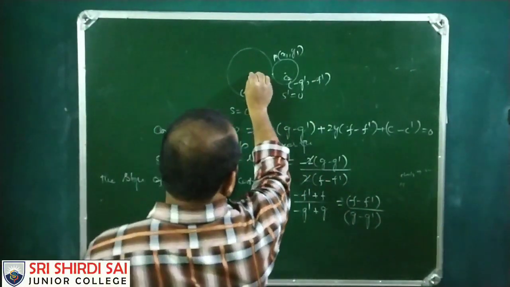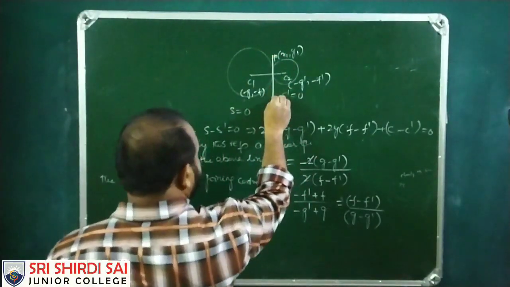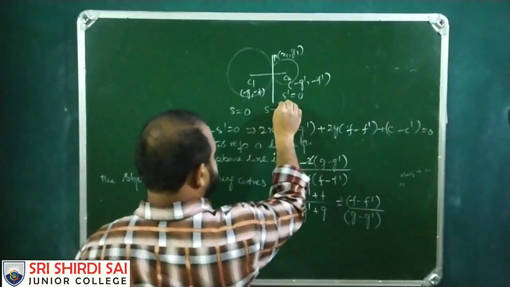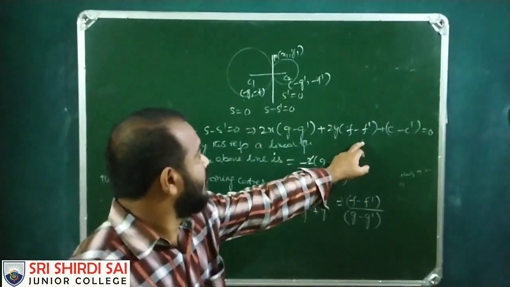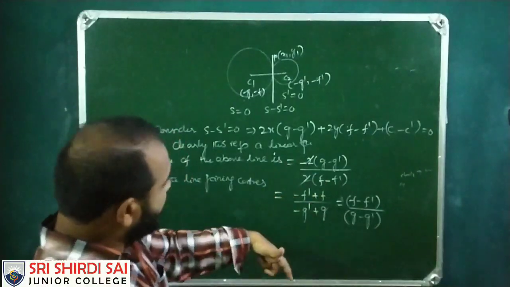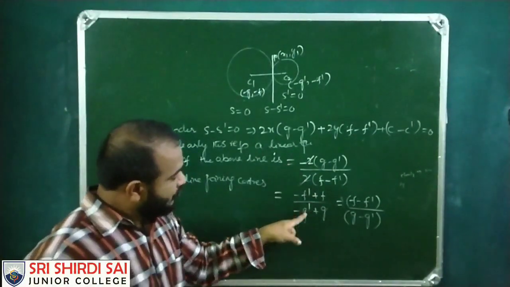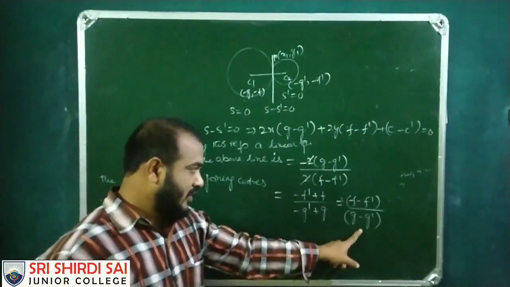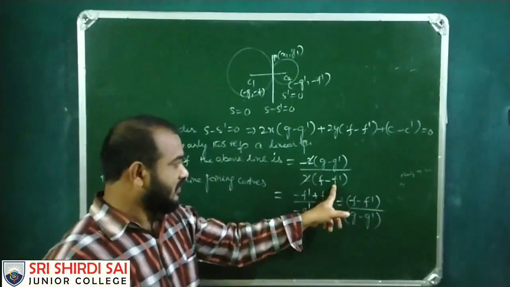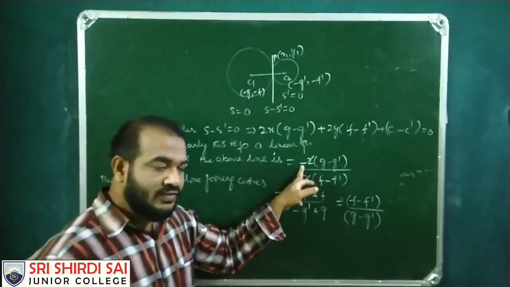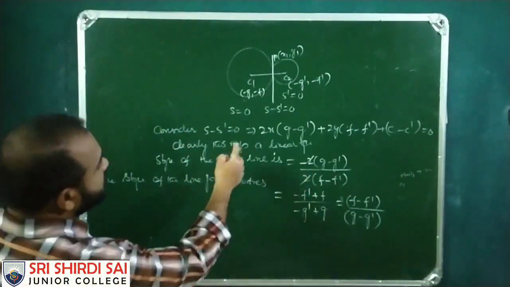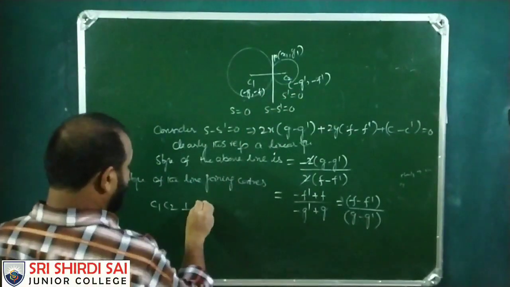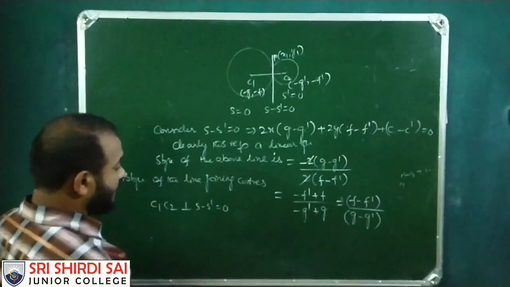That means C1C2 is perpendicular to this line, S minus S dash equals 0. If I see here, the product of these slopes: g minus g dash gets cancelled, f minus f dash gets cancelled, and I am left with minus 1. Therefore C1C2 is perpendicular to S minus S dash equals 0.